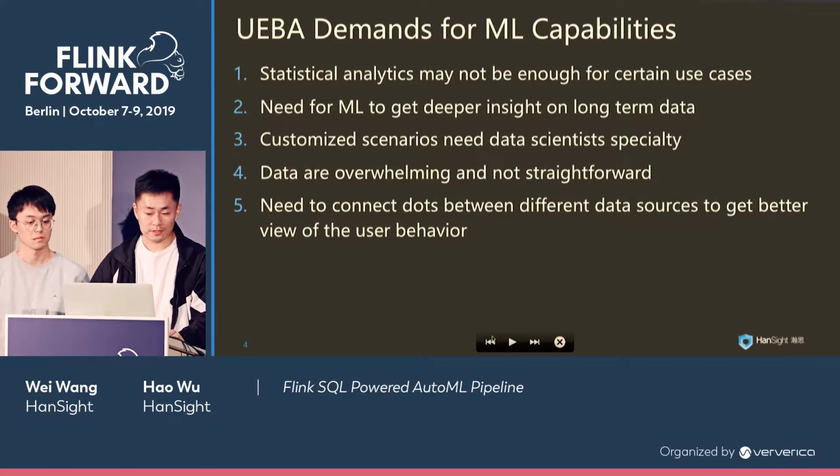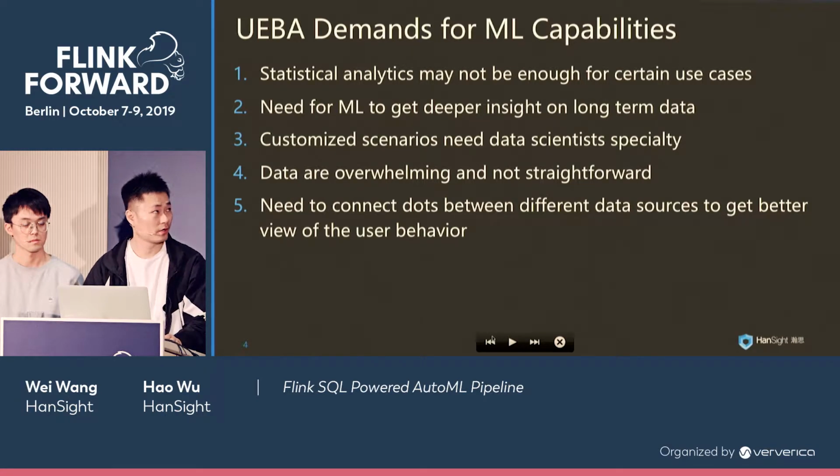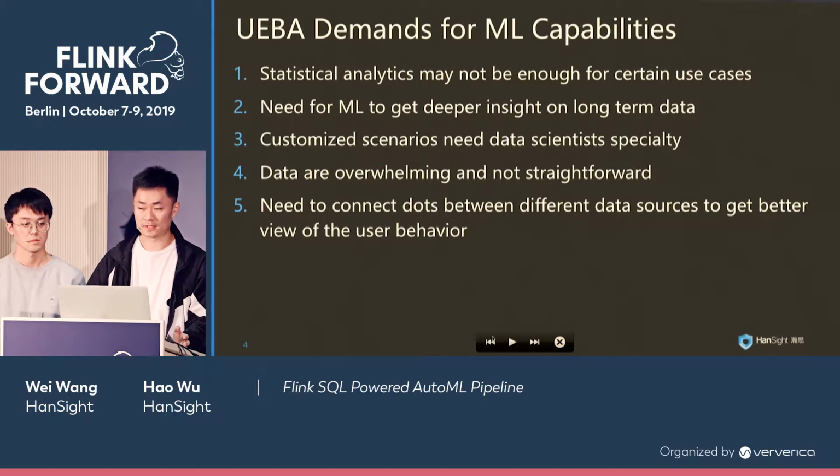So why does UEBA need machine learning capabilities? Those are from our experience with our customers. Firstly, statistical analytics may not be enough for certain use cases. For most of the use cases, statistical analytics works, but it just generates too many false positives.